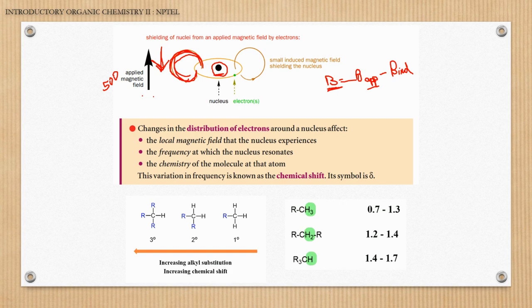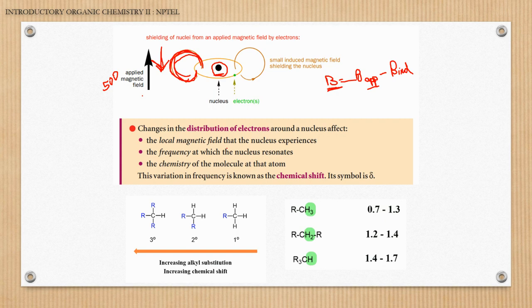If your shielding effect, the induced magnetic field which is generated around the nucleus, is very high in magnitude, then your applied magnetic field will be cut down by the amount present in the induced magnetic field. So now the magnetic field which your nucleus experiences is lesser than the applied magnetic field, and it will change the frequency.